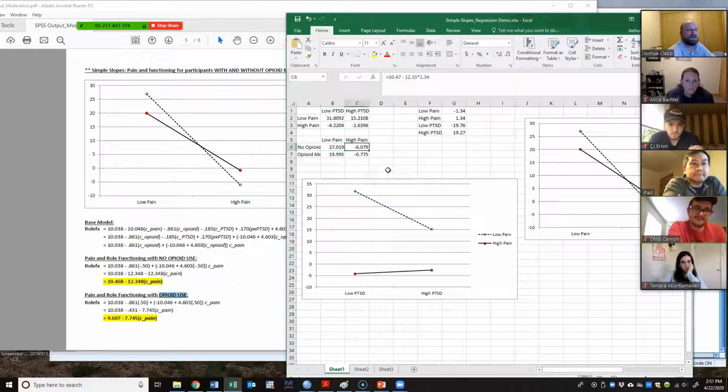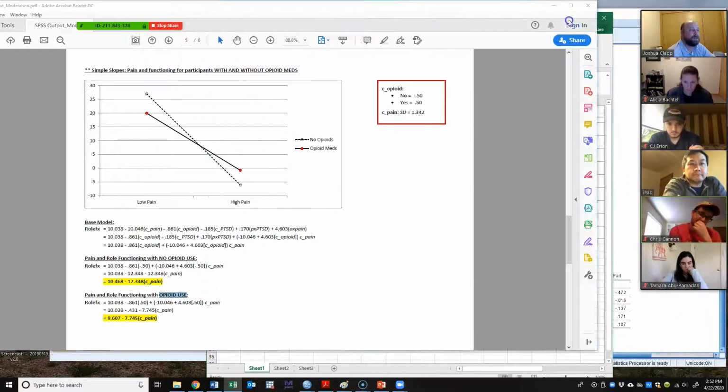This is just a standard deviation above and below pain, right? So standard deviation of pain is 1.34, negative 1.34, 1.34 for people who are using opiates. Same thing here. So we run those simple slopes, okay? And we get our graph here, and things are looking good.